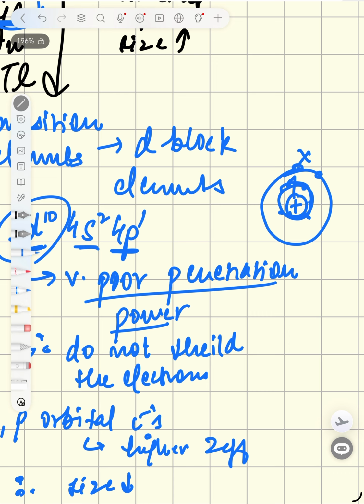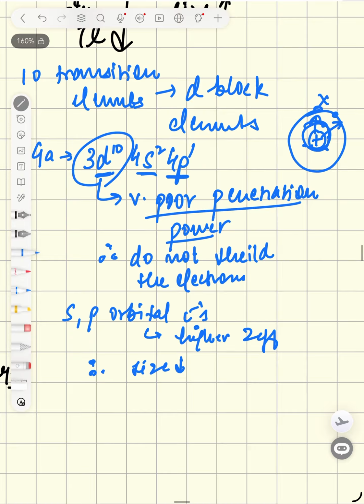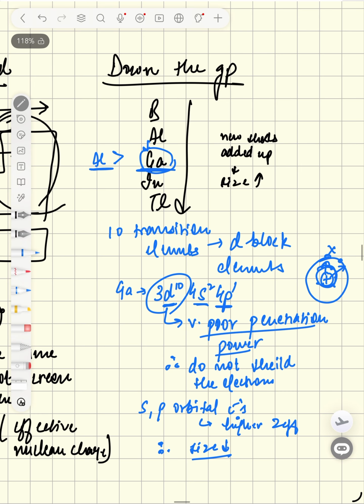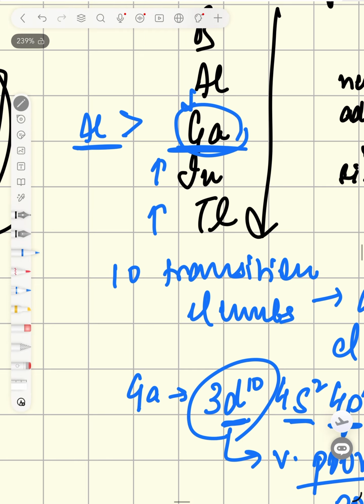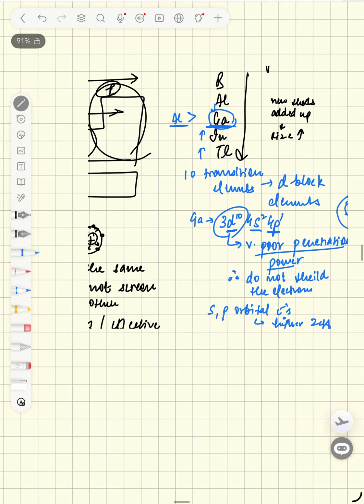Therefore, these outer electrons experience the pull of the nucleus and are pulled towards it. Therefore, the size will decrease for gallium. Right? So this is the overall trend for atomic size. The atomic size then continually increases for indium and thallium. It decreases as we move from aluminium to gallium.